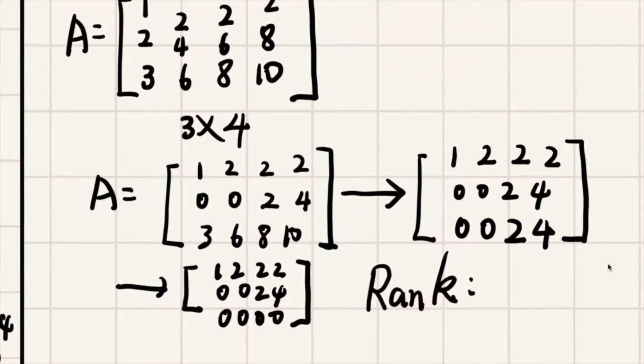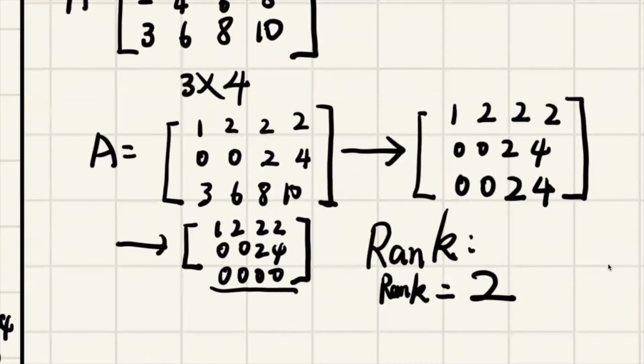So what is the rank? If we see how many independent rows or columns we get, it is the rank. Since the independent rows number 2, the rank is 2.